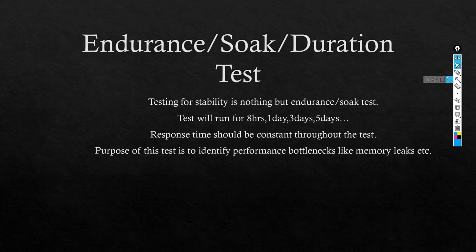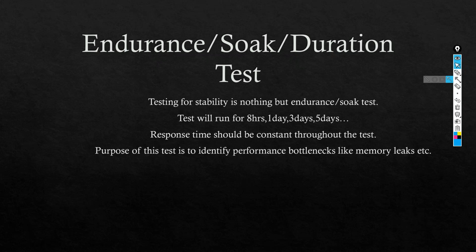It cannot be like that. The response times in the first 1 hour, in the last 1 hour, and in the middle 4 to 5 hours should be constant. There can be a slight difference, but there should not be a big deviation. So that's the reason we perform this test. We test the application for stability.